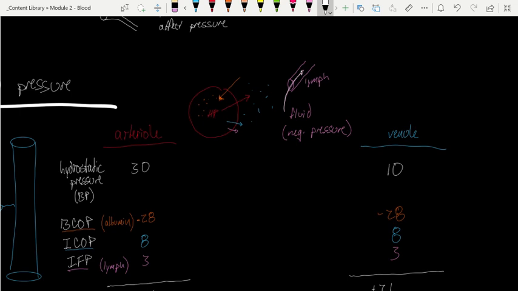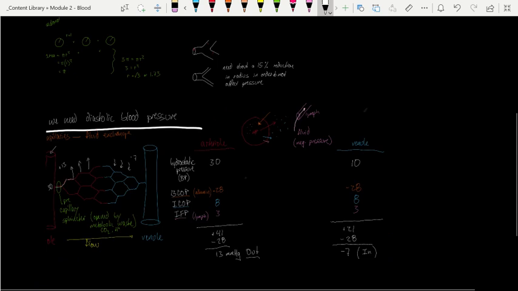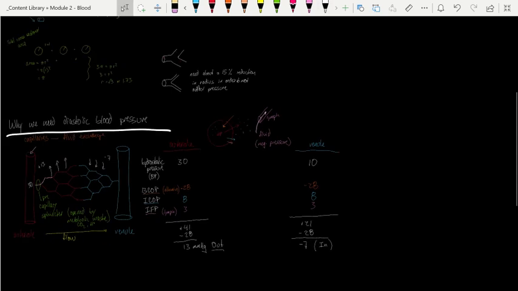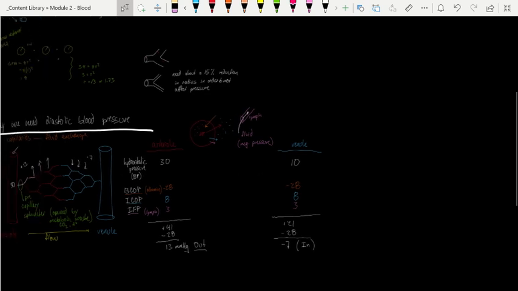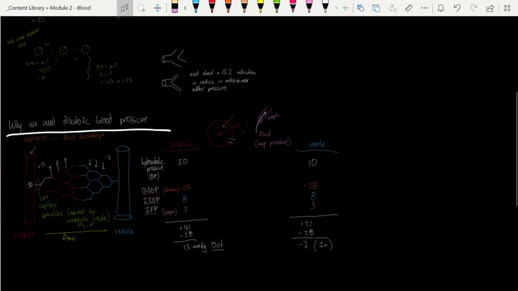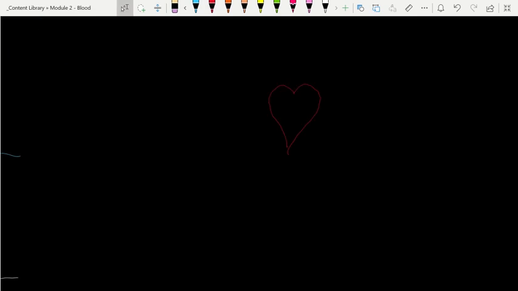Okay, with that in mind, let's zoom out for a second and let's just appreciate what we've got going on in the entire body. Let's draw a heart. We know that coming out of the heart we have the aorta. Of course, there are branches off of the aorta, right? We've got some branches here, we've got some branches here.